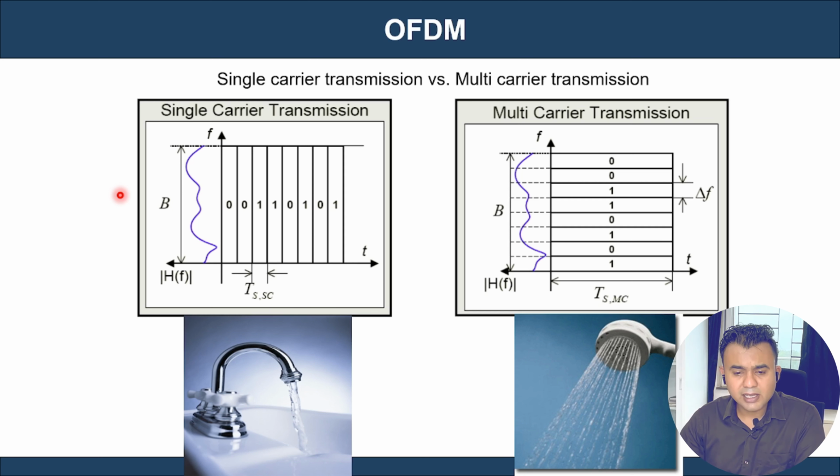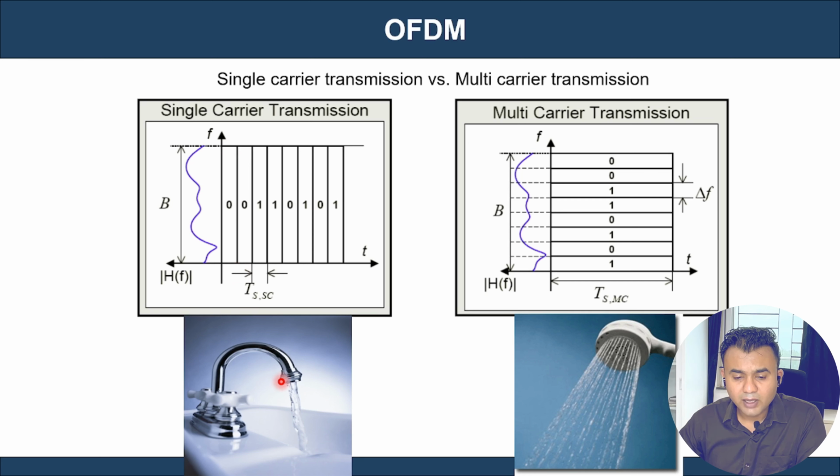The basic idea can be visualized on this slide. The left-hand side figure represents the single carrier transmission, and the right-hand side figure represents the multi-carrier transmission, which is nothing but OFDM.